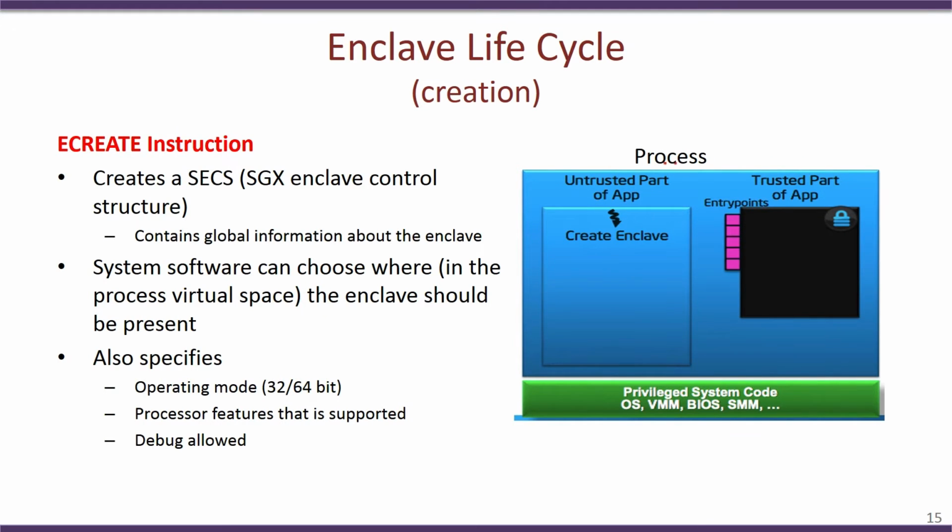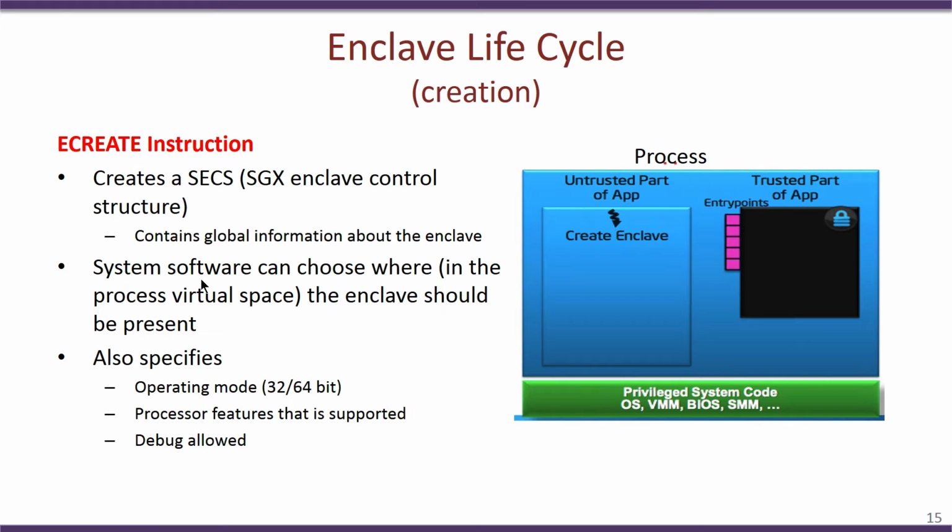Now, the unique thing about SGX is that the operating system can choose and manage where in the entire virtual address space the enclave should be present. For example, the operating system could choose a particular virtual address page and specify to the hardware that the enclave should be created in this particular page.